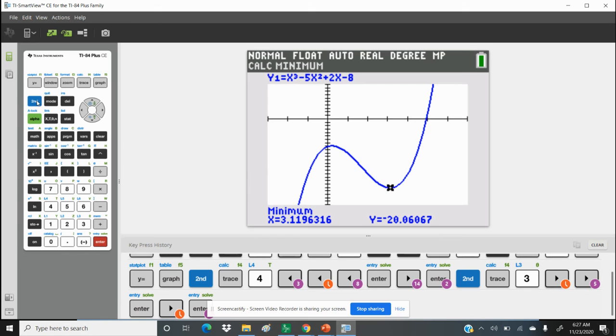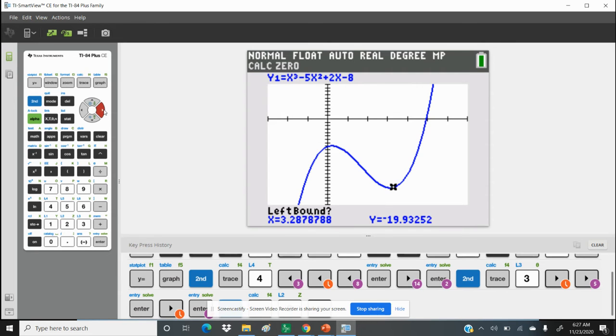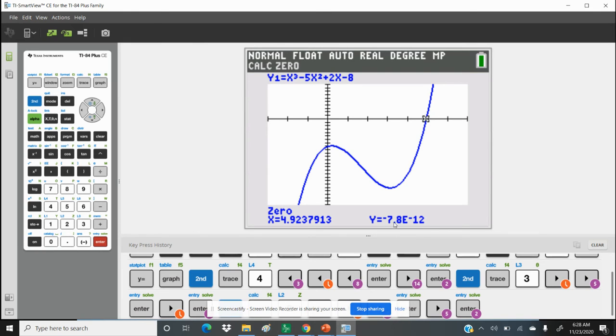So to find the 0, again, I'll go to second calc. Now I'm going to find number 2, the 0. So I'm going to go to the left of the point I'm trying to find, and then to the right of the point I'm trying to find, and then I'll hit enter. And this tells me that my 0 is 4.9. And take a look at this. This says negative 7.8 e to the negative 12.